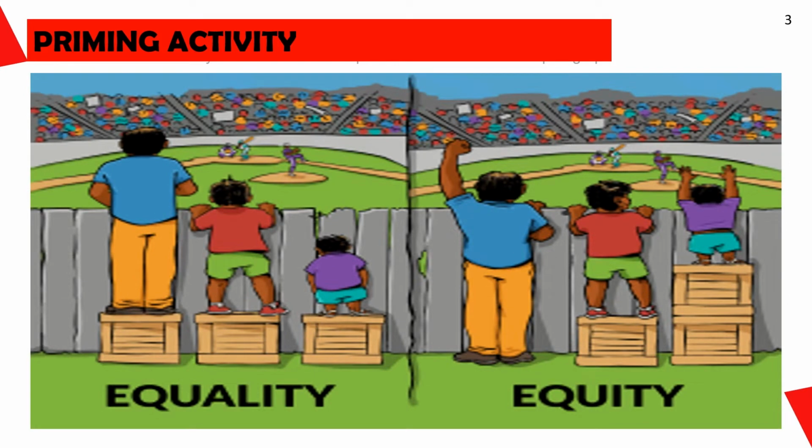Okay, let's proceed with the second priming activity. As you can see on the two pictures, they are watching a game. There are three people having different characteristics. The first is a baby, the second is a child, and the last is the father. So they have different heights, as you can see on the first picture.